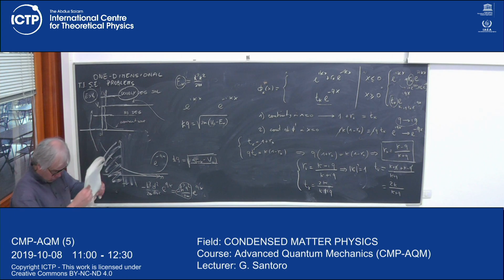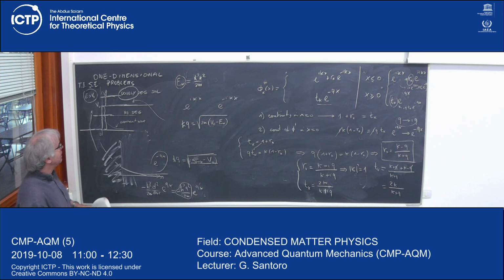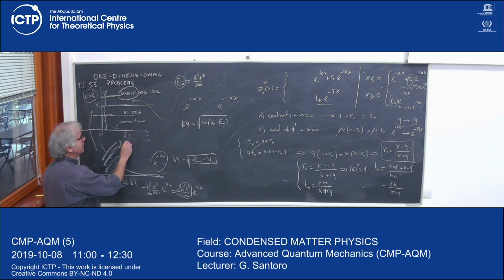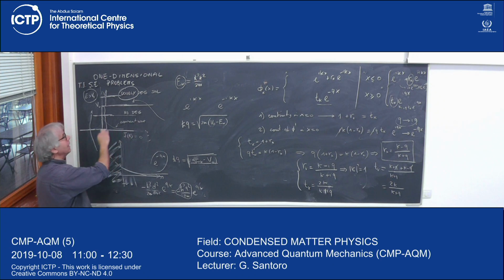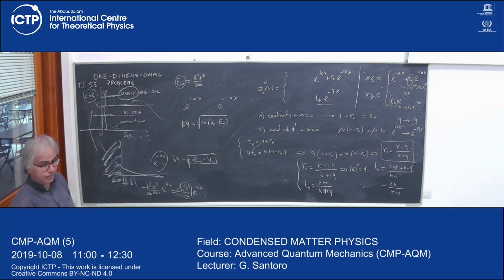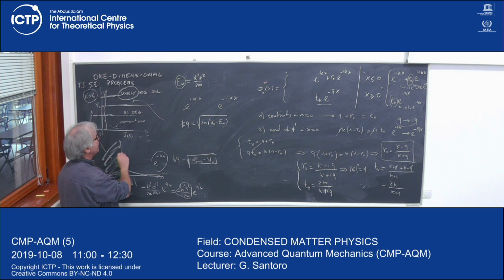Because you can prove that essentially there is no current, if I calculate it, remember the current density, there is no current in this region. And there should be also no current here. So the e to the ikx brings a current, and the e to the minus qx should bring an equal and opposite current to have J equal to 0 everywhere.